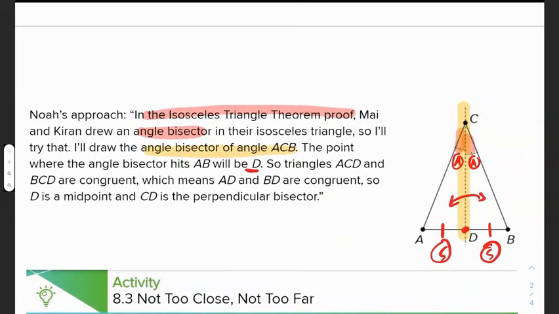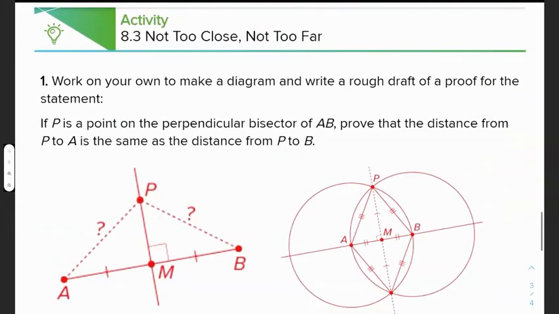All right, so let's take a deeper look at activity 8.3, not too close, not too far. We're supposed to be drawing our own diagrams, so hopefully you use the diagrams I already give you. You're trying to prove this statement: if P is a point on the perpendicular bisector of segment AB, prove that the distance from P to A is the same as the distance from P to B. Perpendicular bisector gives us several things.